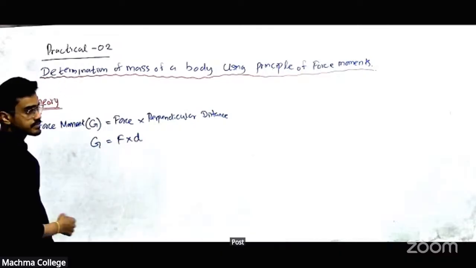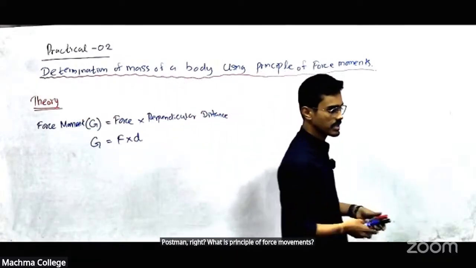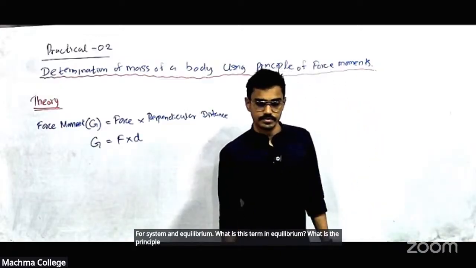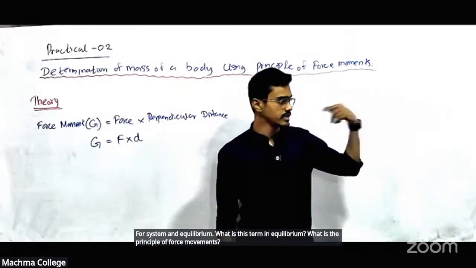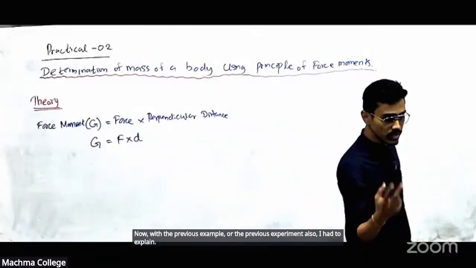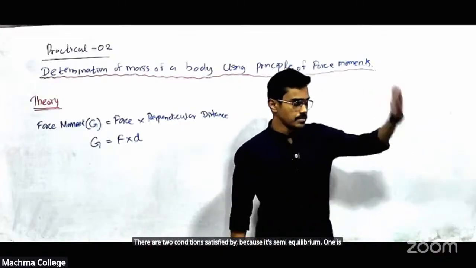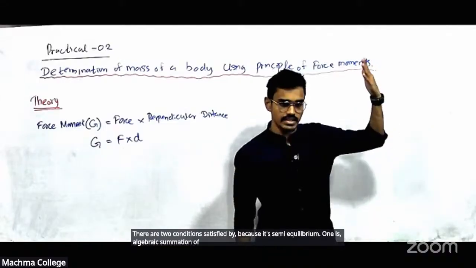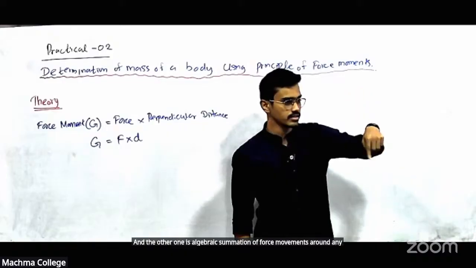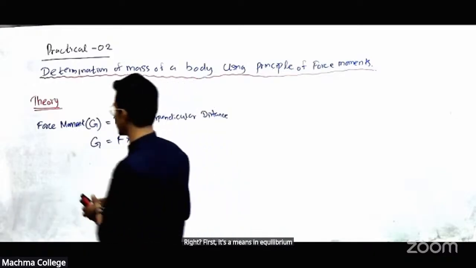Right? What is the principle of force moments? For a system in equilibrium. With the previous experiment also, I had to explain, there are two conditions satisfied by a system in equilibrium. One is the algebraic summation of forces along any direction is 0. And the other one is the algebraic summation of force moments around any point is 0.